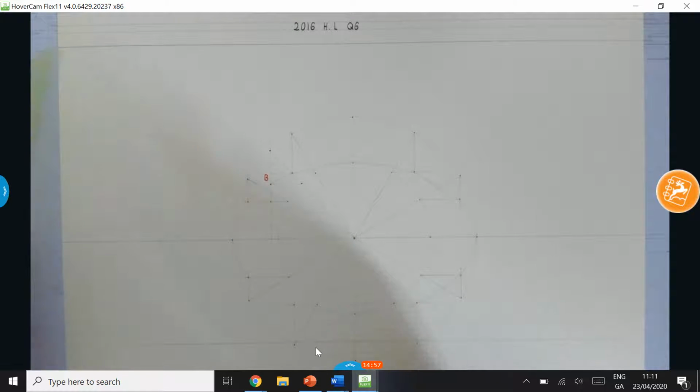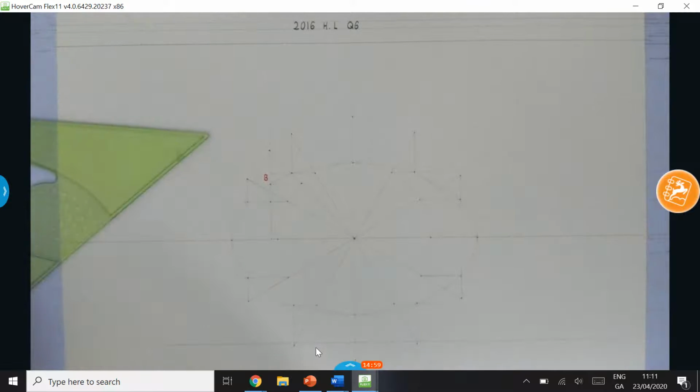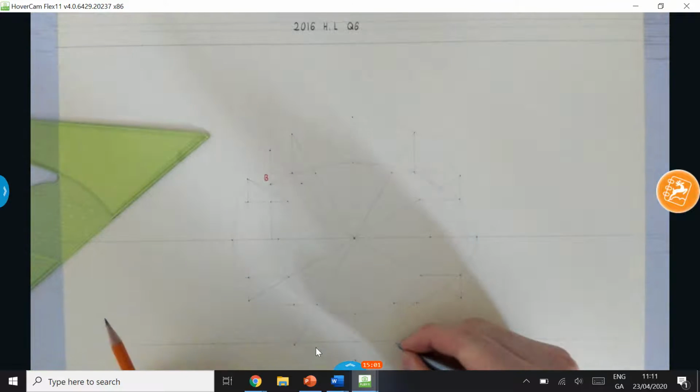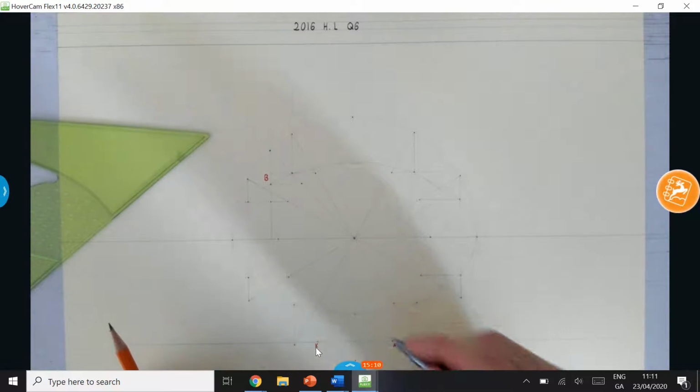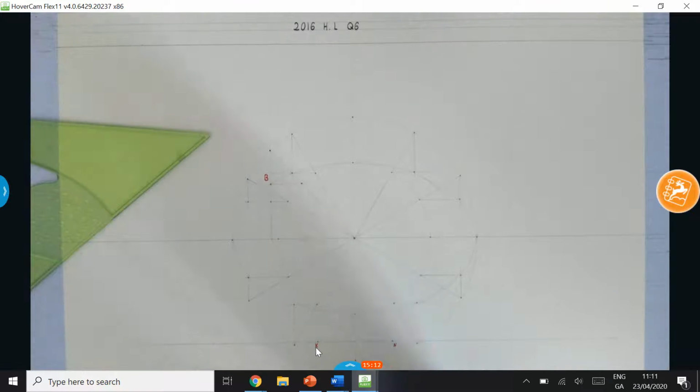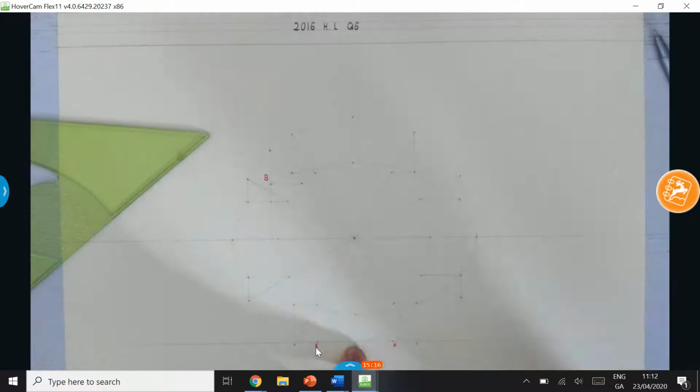Now label them. This is N, and this is K. And we need to find M up here at the top, which is the vertex. To find that, we go to the middle, and we're going to measure up 44.